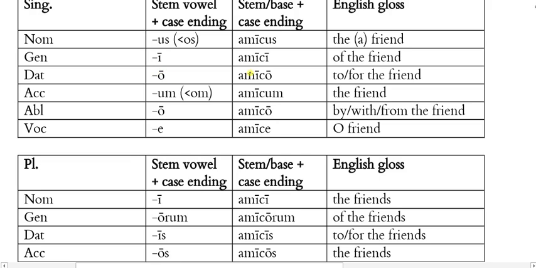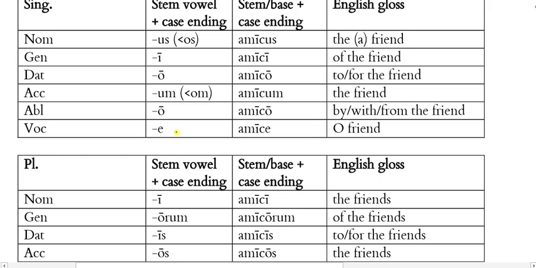O, that's dative singular, amico, to or for the friend. For accusative singular, with the o weakened to a u here, our form is amicum, the friend. O here is, remember, dative and ablative are identical to each other. Amico, by, with, or from the friend, using these keywords here for ablative.